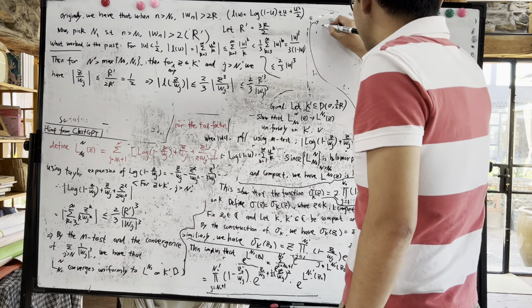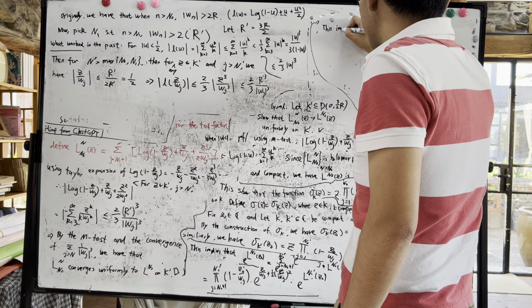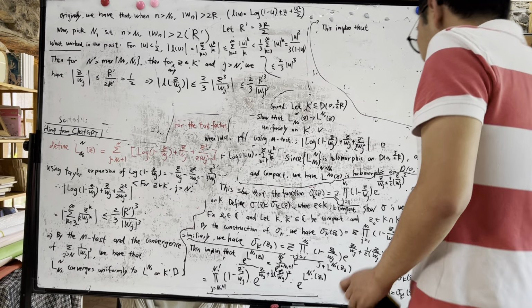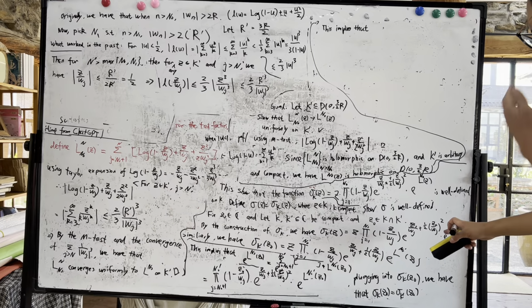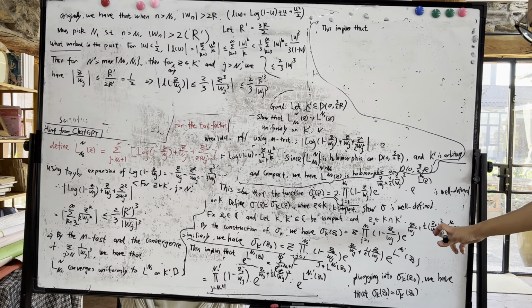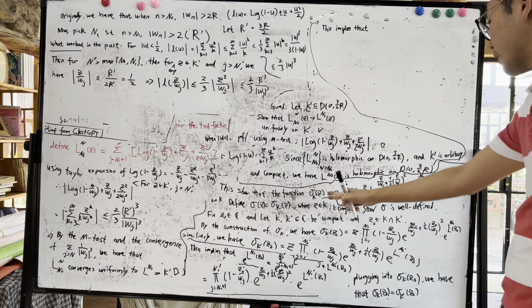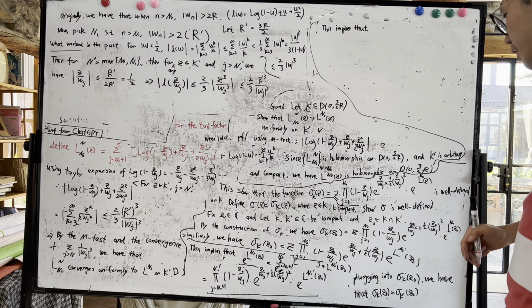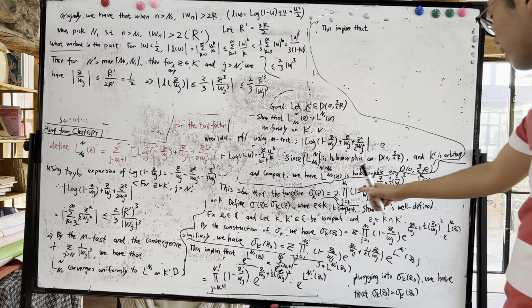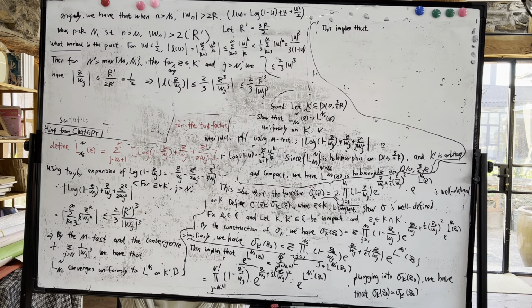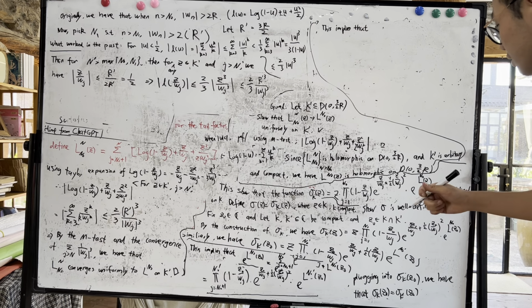Because I'm using this L n naught z to define this sigma k z, right? Therefore, since this L n naught z is holomorphic, e to the L n naught z is also holomorphic, and the product of holomorphic functions is also holomorphic.